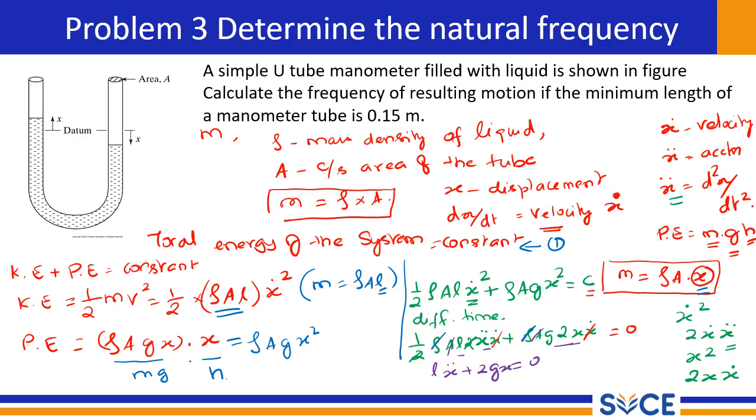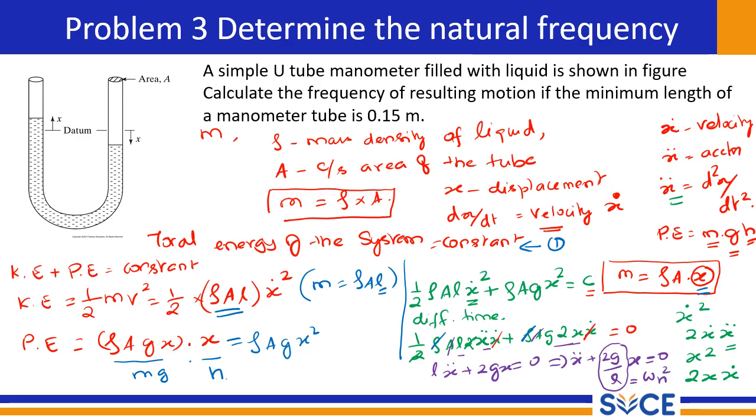So we can rewrite it as x double dot plus 2g by L x equal to 0. We know from the previous two problems that this term is nothing but omega n square.